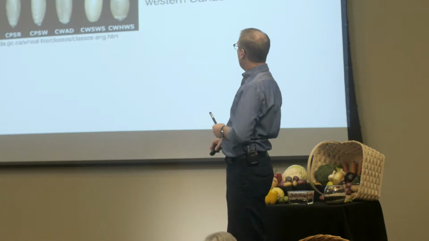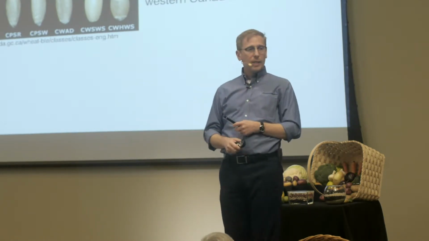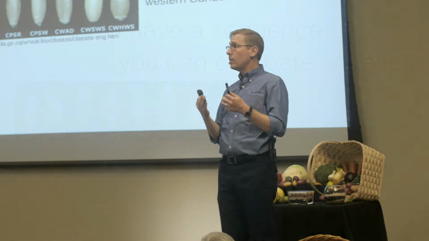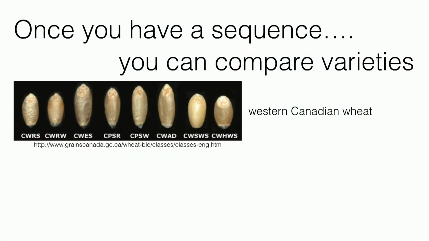So you can begin to compare varieties. For example, these are different varieties of Western Canadian wheat. Different sizes of grain, different shape of grain. And I can actually take each one of these plants that produce these different grains and go back and re-sequence them. So we've already done one sequence of the wheat genome.